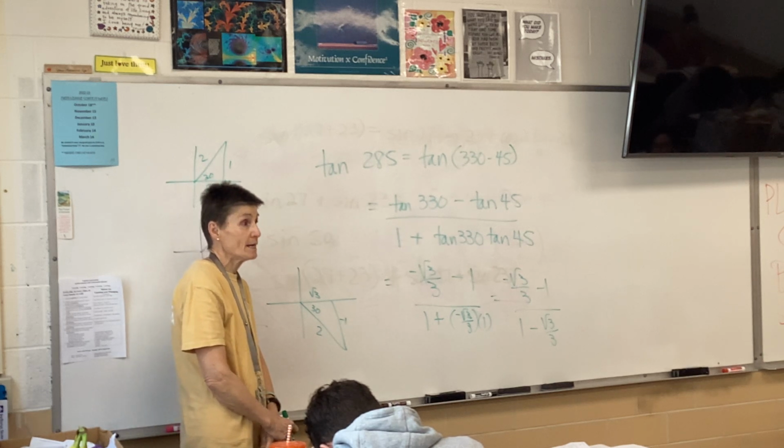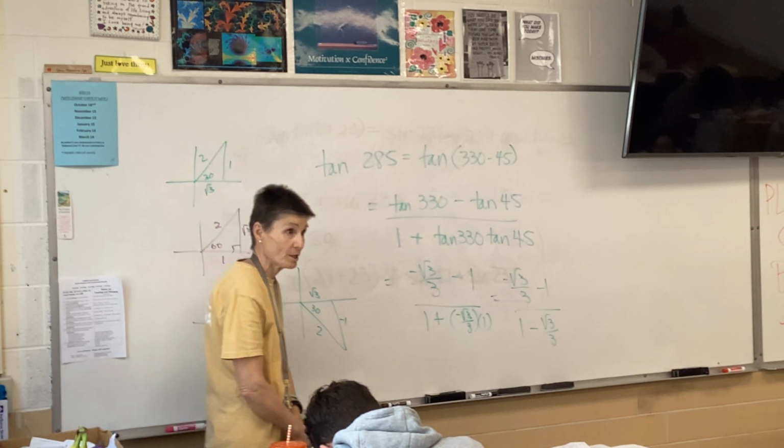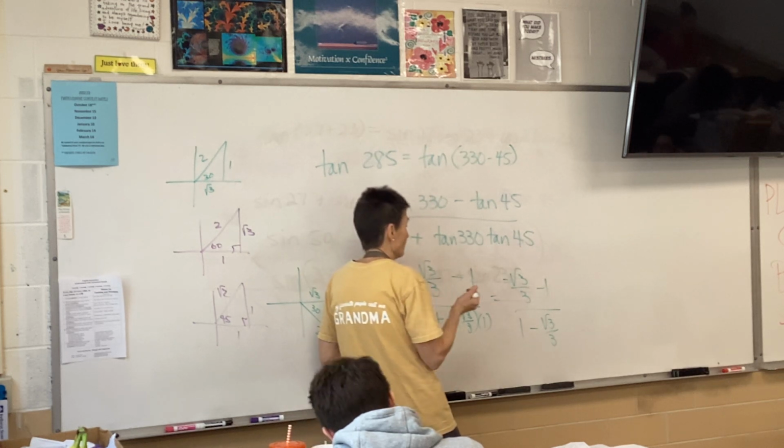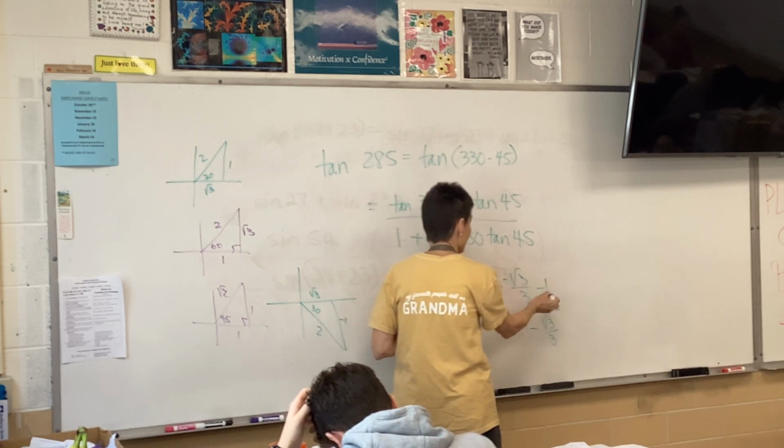You have to rationalize that. You have to get rid of the complex fraction. So we're going to do whatever you want. I'm going to multiply everything by 3.